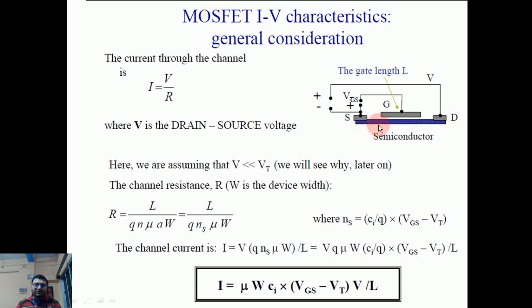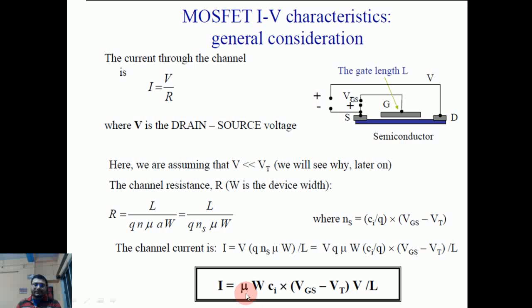After the threshold voltage, the current begins to flow from source to drain if the source to drain voltage is already applied. So in this way we can find out the total current which is flowing in between the source and drain, which is represented as I.